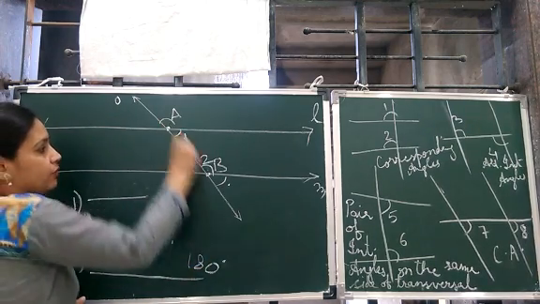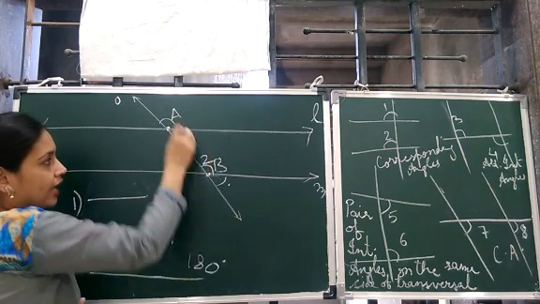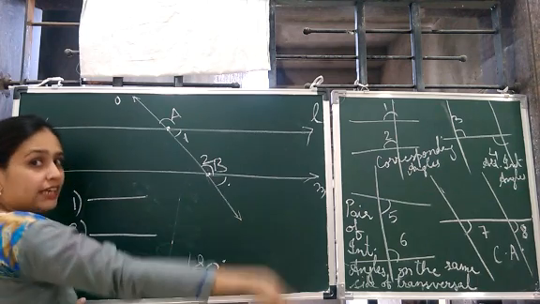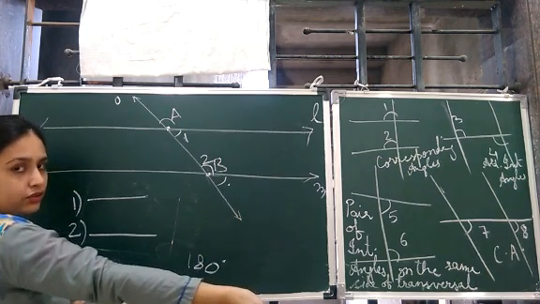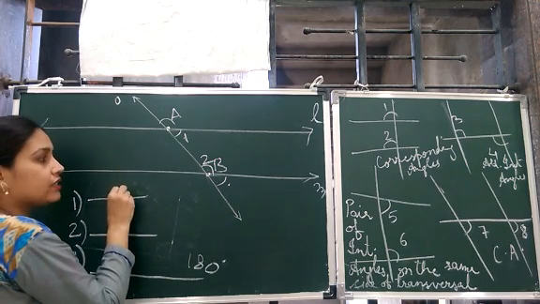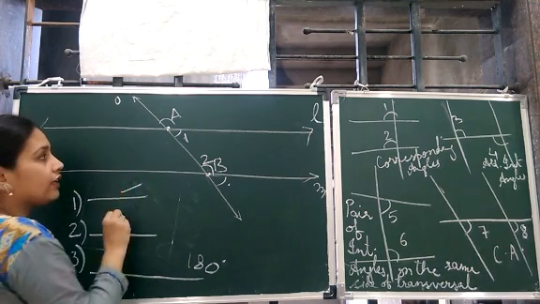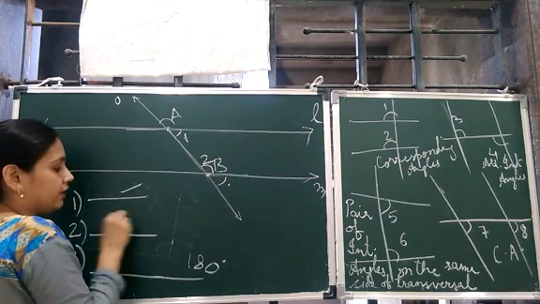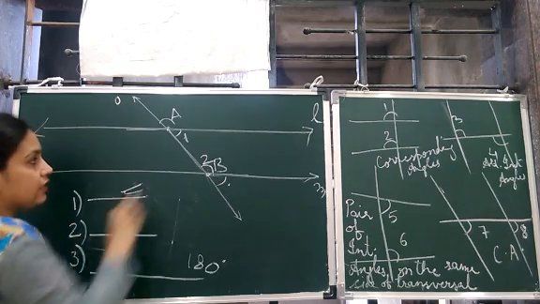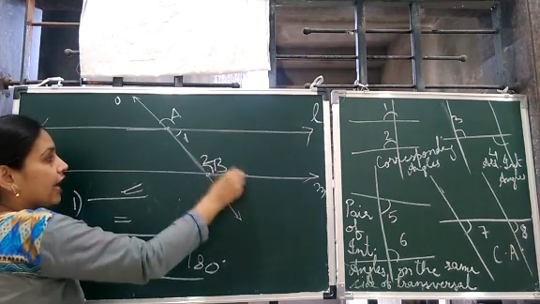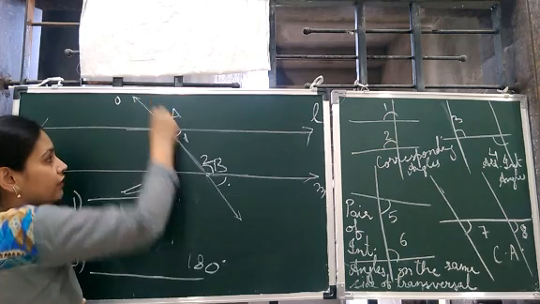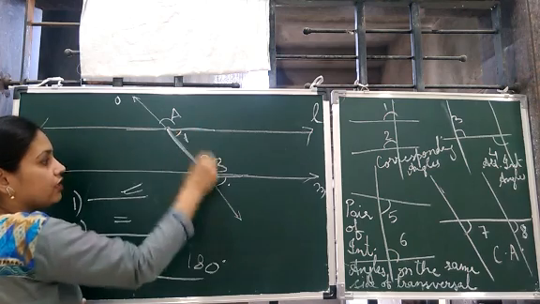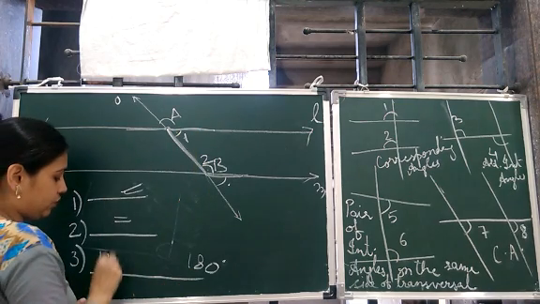First property: when we make an F, the angles that stay on the same side, they don't face each other but go towards the same side, with the same space, those angles are equal. Alternate: when we make a Z, alternate interior angles are equal, and interior angles on the same side of the transversal are supplementary.